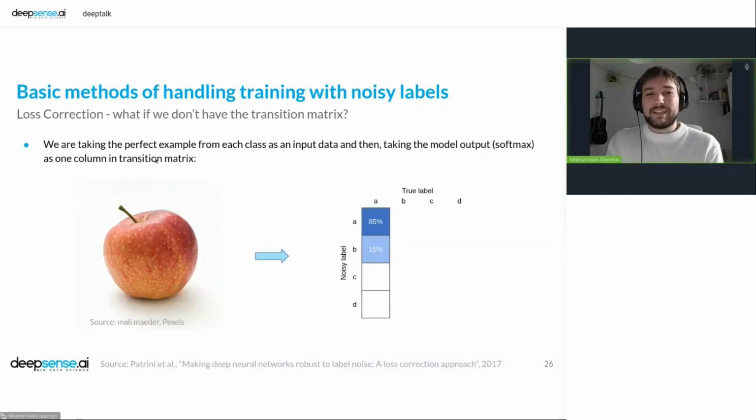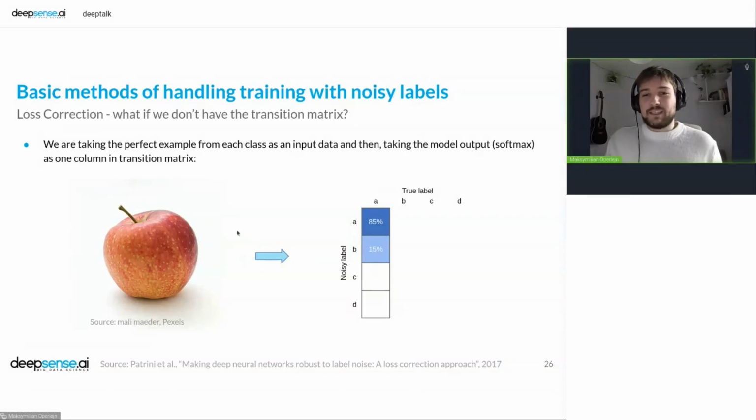We want to take a perfect example from each class as input data, and then take the model output. It's not a training example. We are gathering some other perfect examples. So we need one perfect example per class. For example, here we got an apple, a beautiful apple, so we know it's a perfect example in our case, and it cannot be misinterpreted, right?